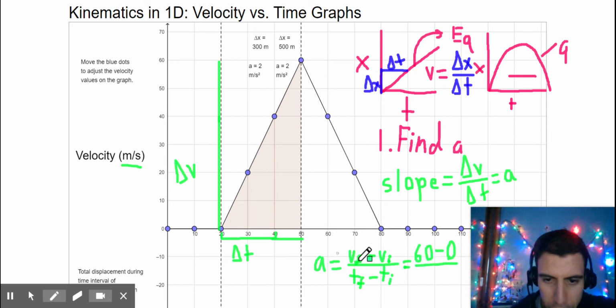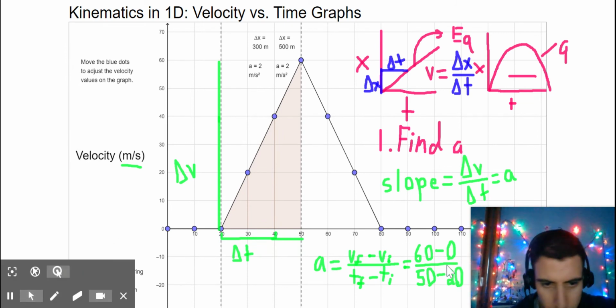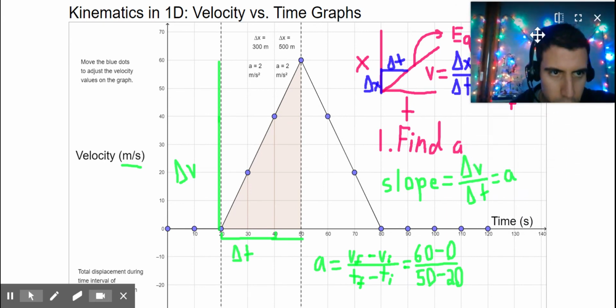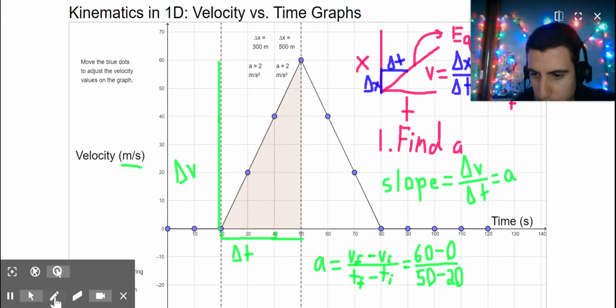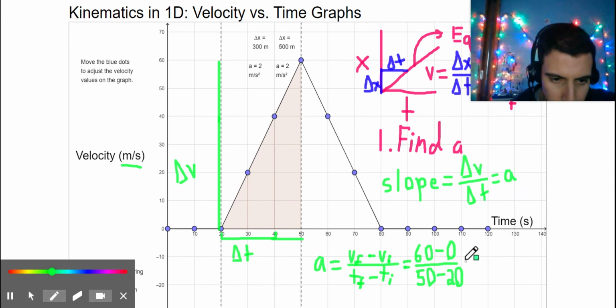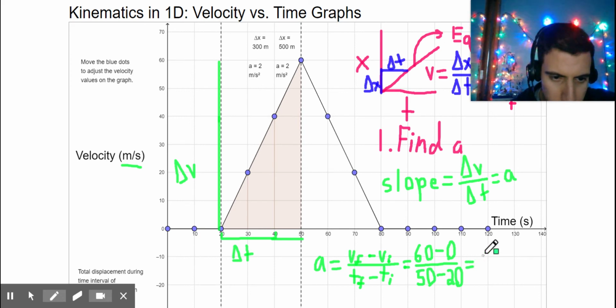Our final time is 50, and our initial time is 20 seconds. Okay, so you can see here, let's do the math. 60 meters per second, that's the end of this.